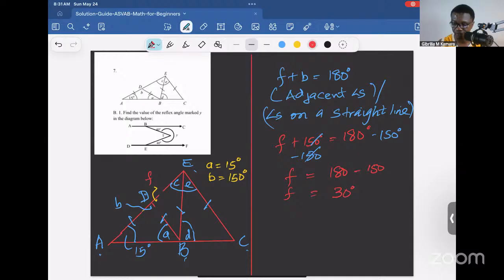So we have, just draw this again. Okay. Then this angle here is B. We just calculated this angle here to be F. Okay. Now, there is another way we would have solved that.